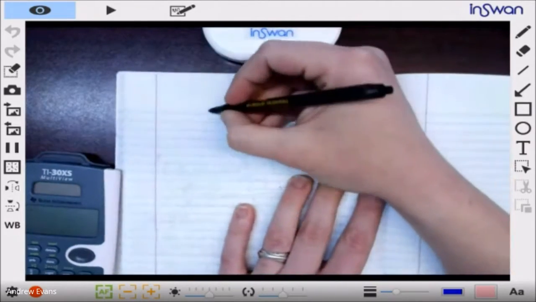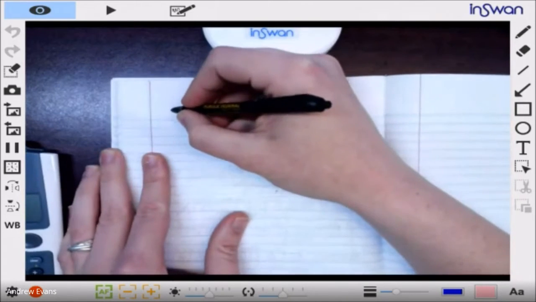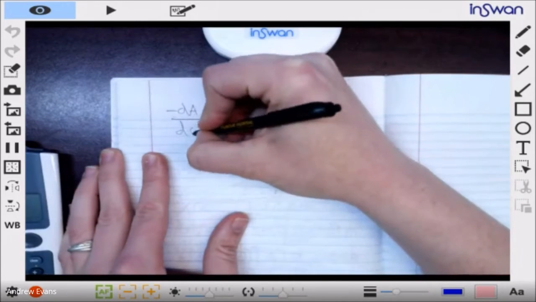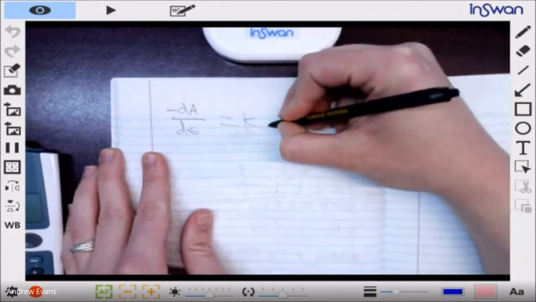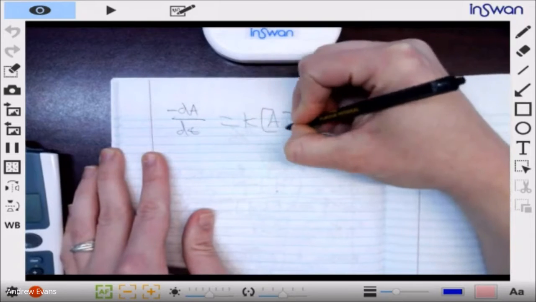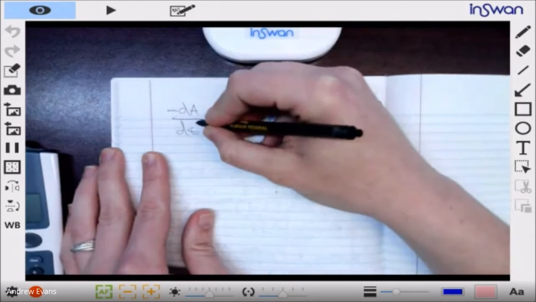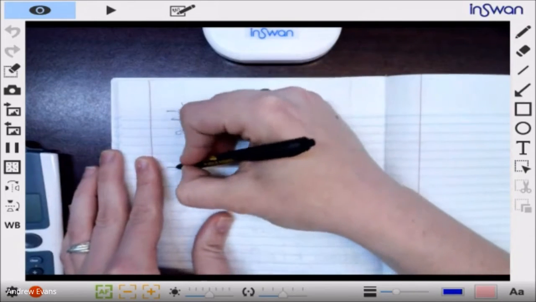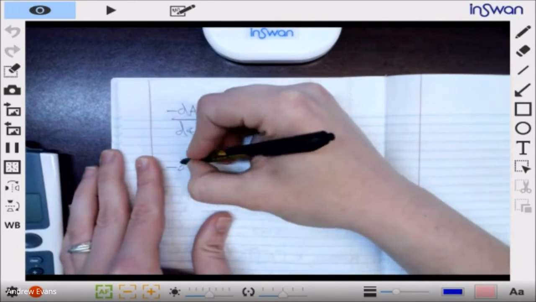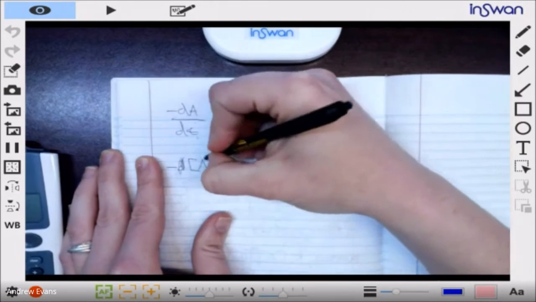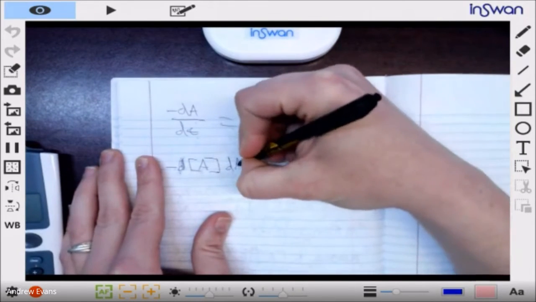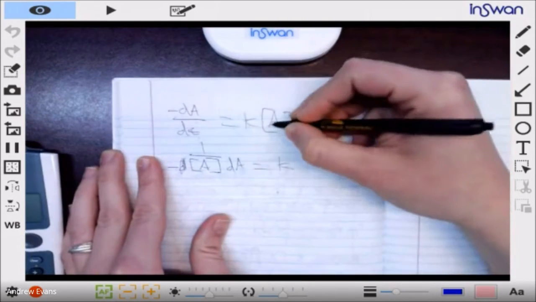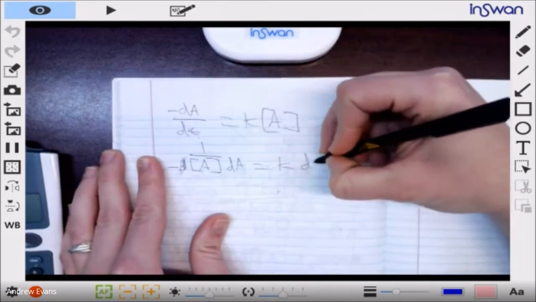Integral calculus says if I have negative dA over dt equals k times A, then if I get A to this side and t to this side, I'm going to have negative 1 over A dA equals k dt.